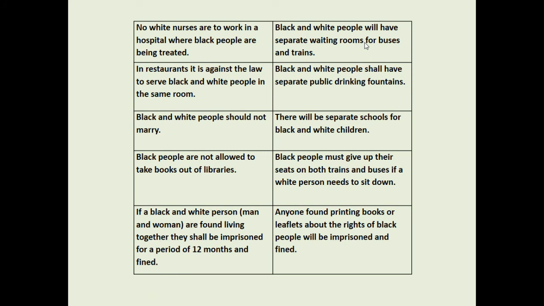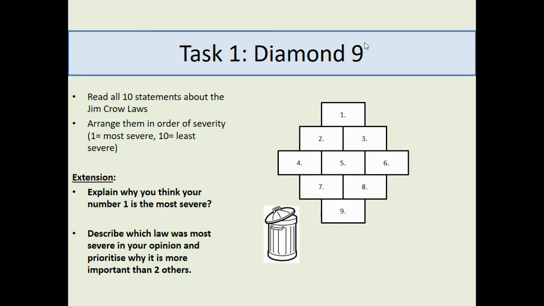I mean, to say that, they all are damaging and they are all awful, but which one is the least severe of those options? Okay, and then pop them in your diamond 9. So you should have loads of writing in this one, and then writing in this one, writing in this one. Okay, and then what we will do is we will go through and try and answer an exam question on what you have just done.